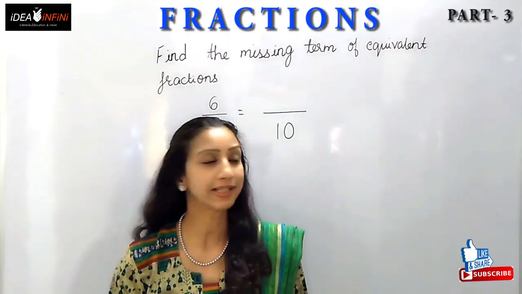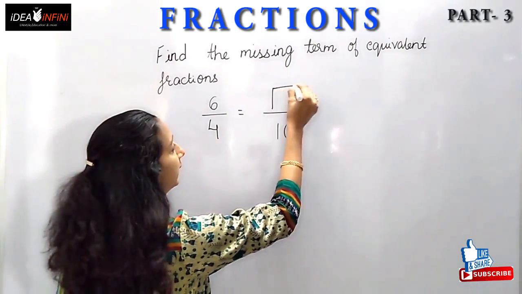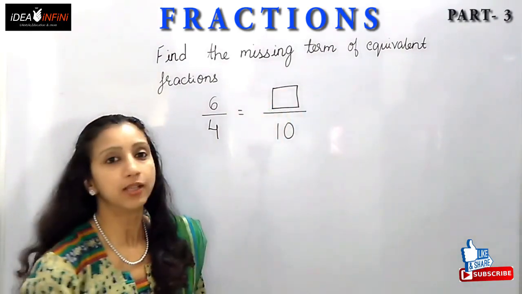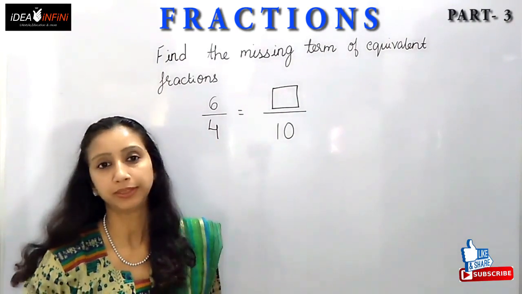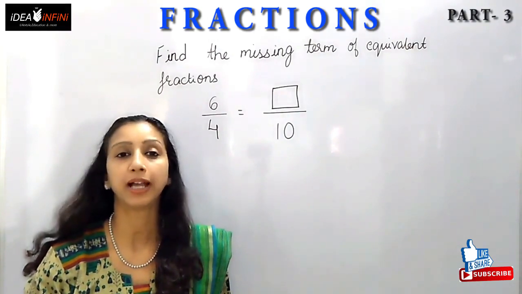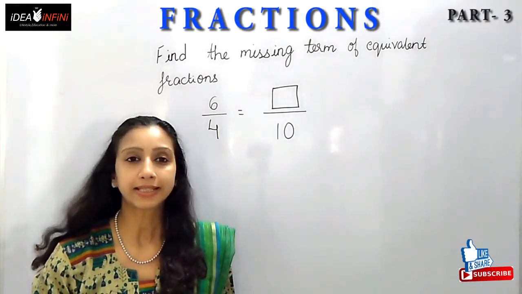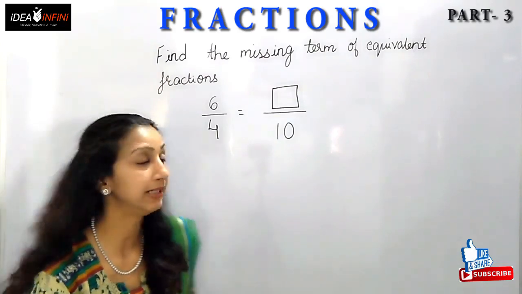Here in this example, 6 by 4 and a missing numerator divided by 10. So here, as we can very clearly see, 10 is not a multiple of 4. So even if I divide 10 by 4, I am not going to get a whole number. So in this case, we find that cross multiplication method is more applicable and easier.